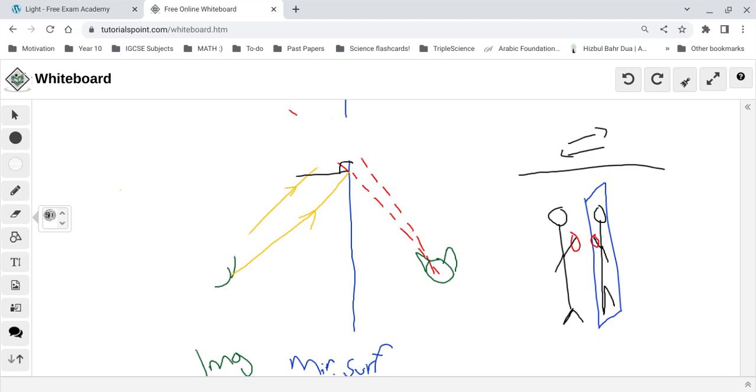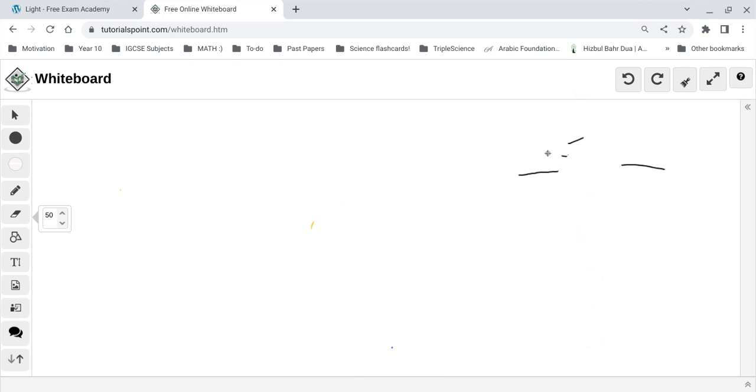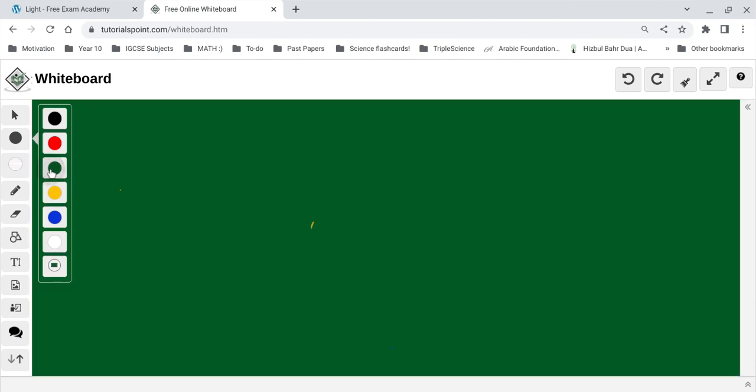I want to make this really big. Right, we should draw another one just for practice. So this time our object can be, what should our object be? I'm just going to freestyle because I can't really think of anything. Okay, let's make it green again.